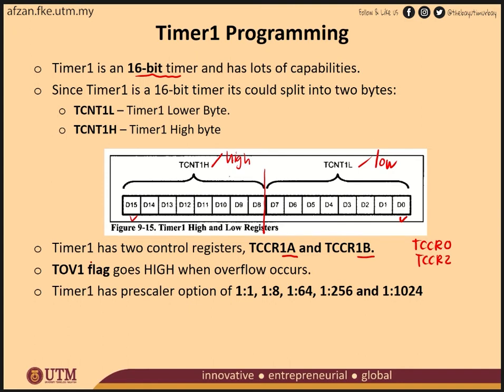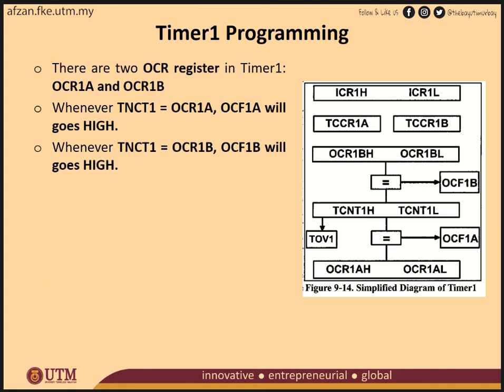So you need to look at TOV1, similar to timer 0 and timer 2, where you look at TOV0 or TOV2 respectively if you're using normal mode. And timer 1 has prescaler options of 1, 8, 64, 256 and 1024.